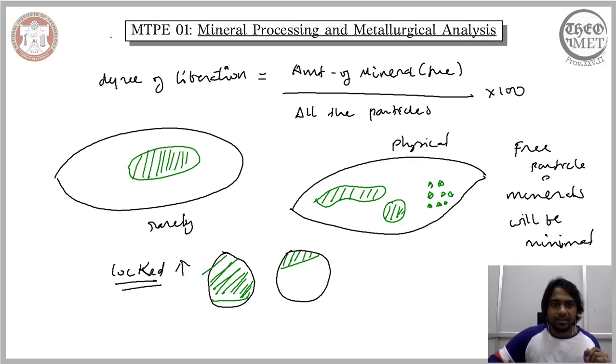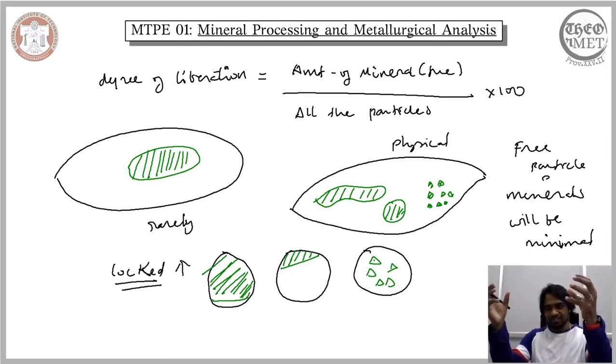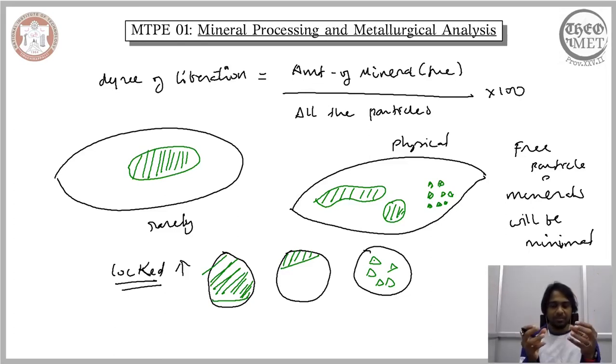A third category of particle, after the first set of comminution, will be something like this, wherein the pockets remain the same. So we have a fragment wherein the way the minerals are available in the large particle is the same way they are available in the fragment as well.